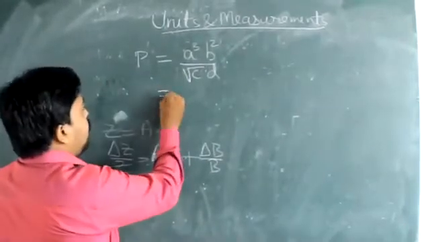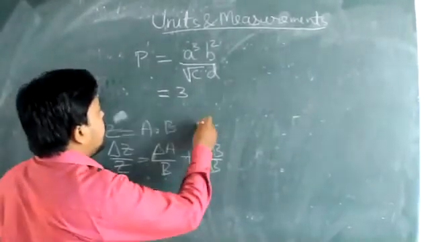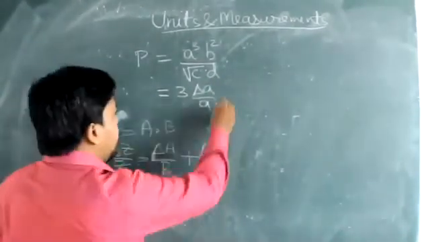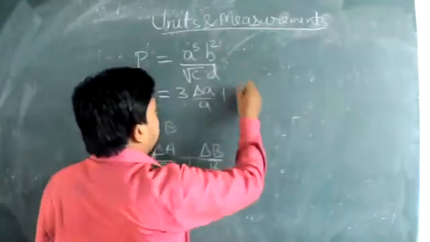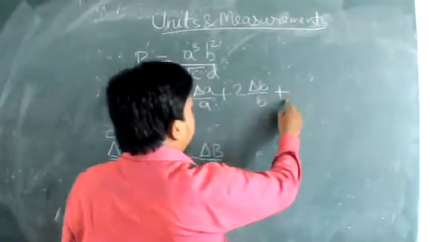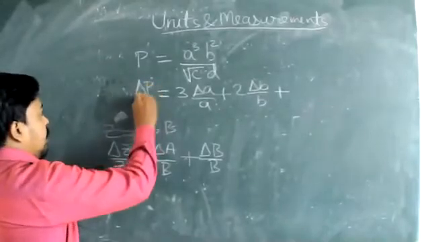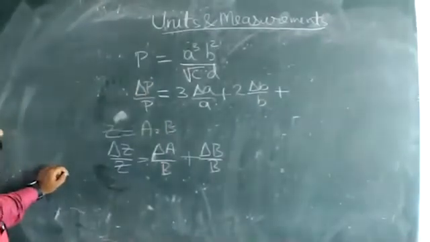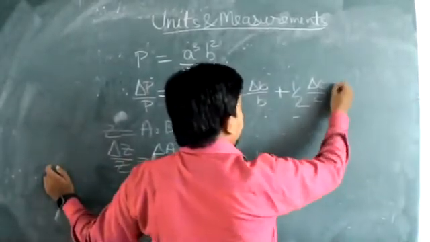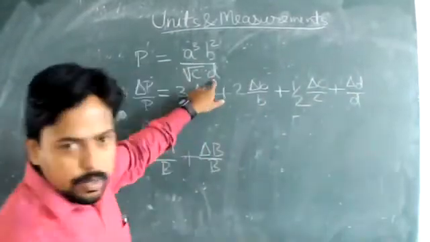First we need to write the powers: delta A upon A, the fractional error corresponding to A, with power 3, plus, regarding B, the power is 2, so 2 delta B upon B. Plus, for the maximum error I am writing this, the maximum possible error. For C it comes out to be half delta C upon C, plus delta D upon D, because there is no power on D here.